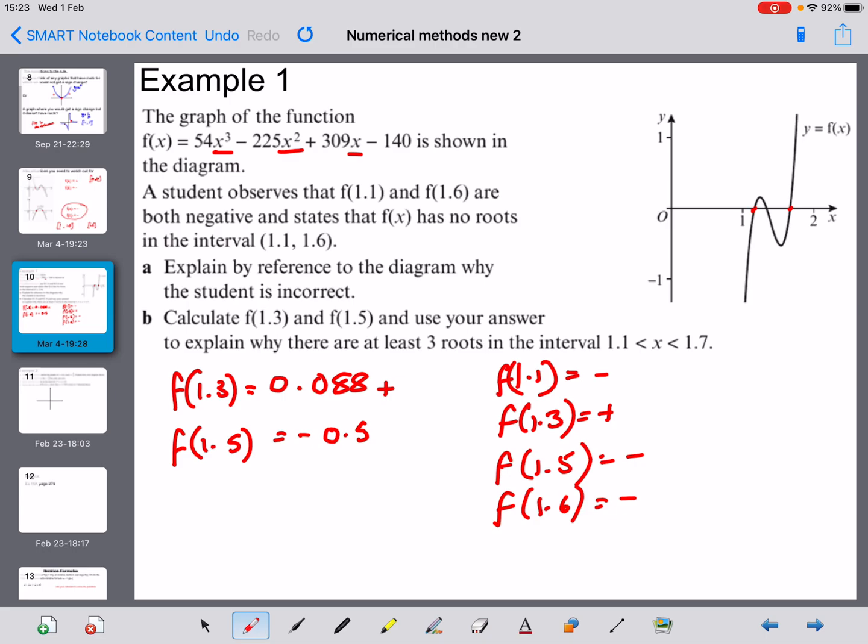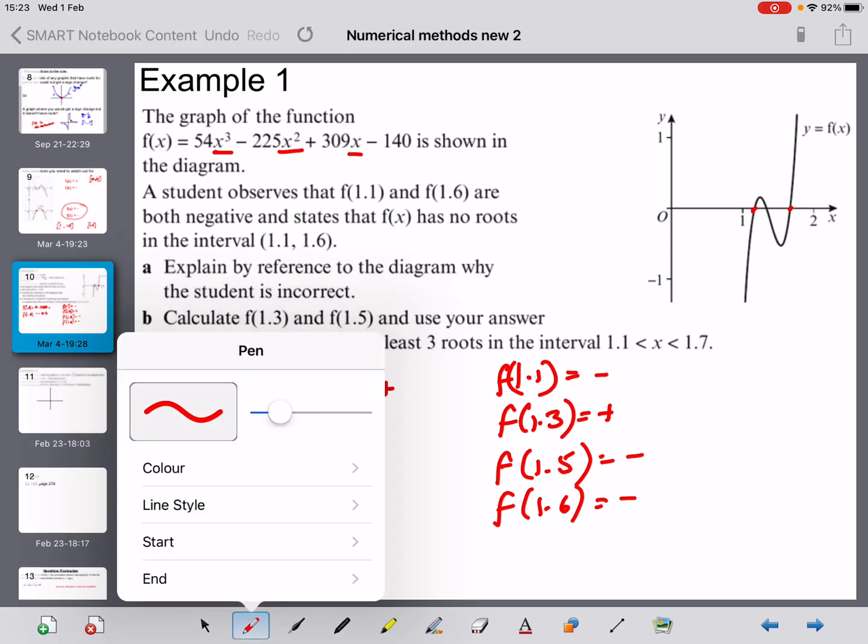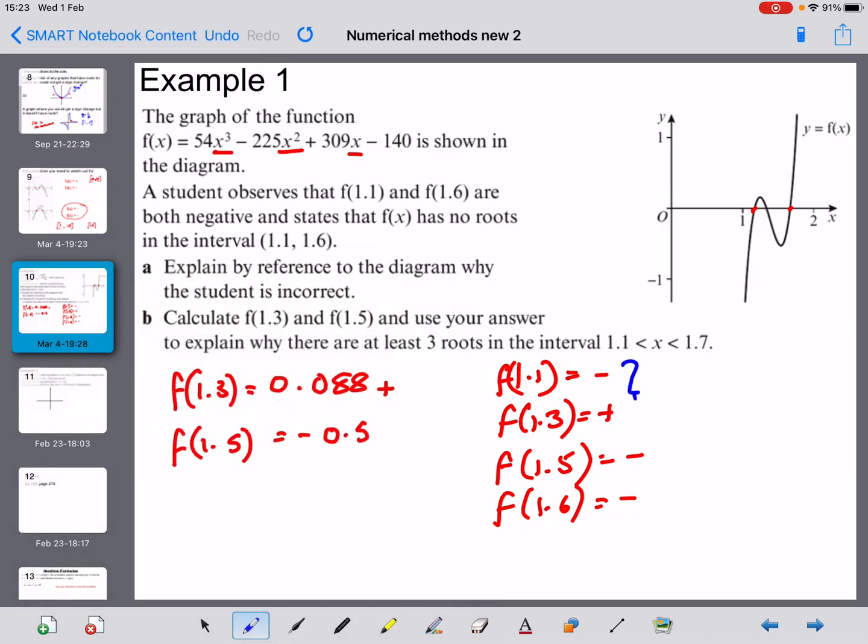It says calculate that, explain why there are at least 3 roots in the interval. Well, how many roots have we got so far? If we look at the sign changes, there's a root here, there's a root there, so in the interval 1.1 to 1.3.